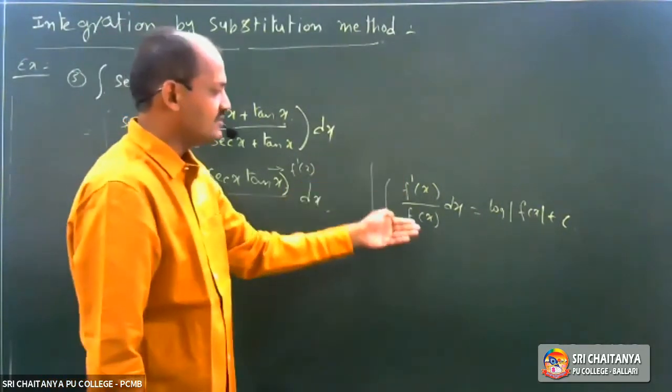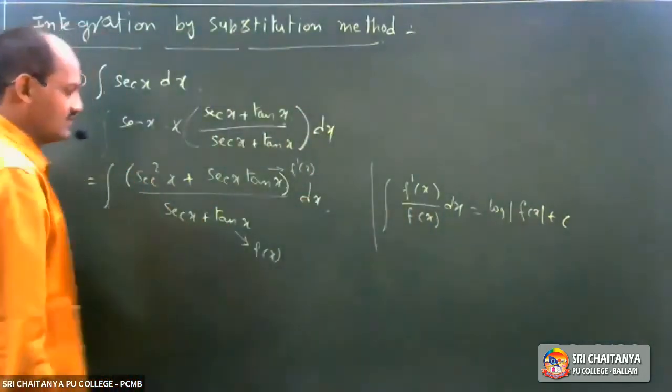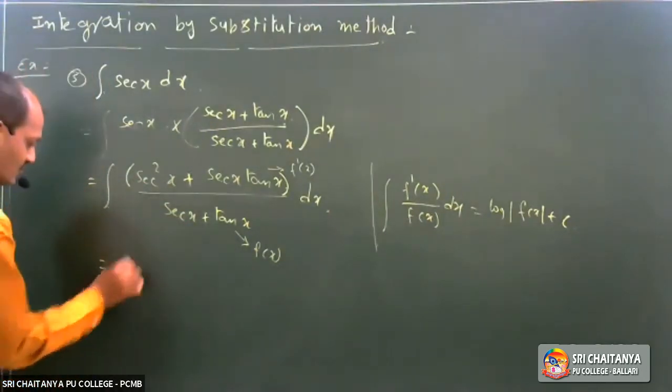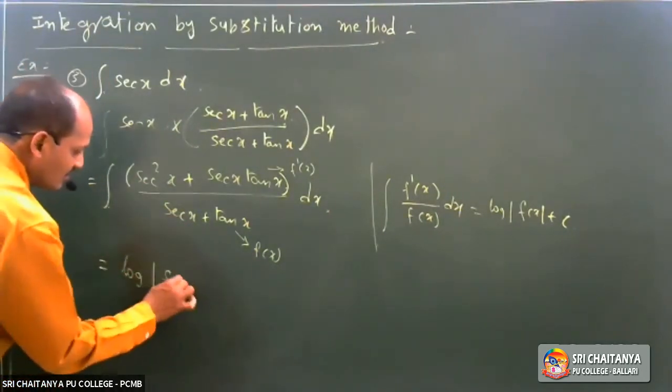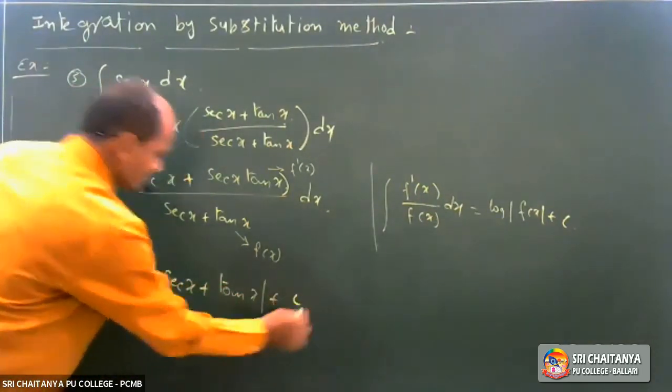So integral f dash of x by f of x is equal to log mod f of x. What about f of x? Here it is secant plus tan. So log mod secant x plus tan x plus c.